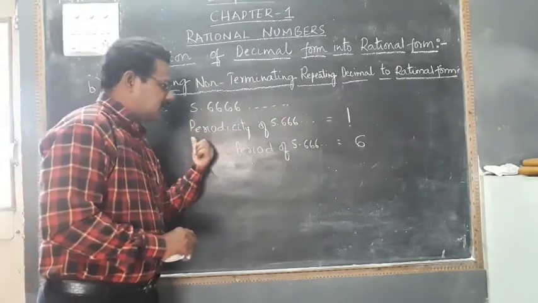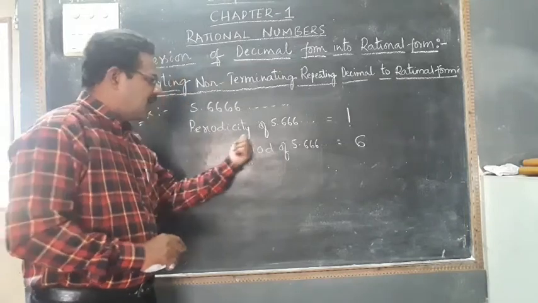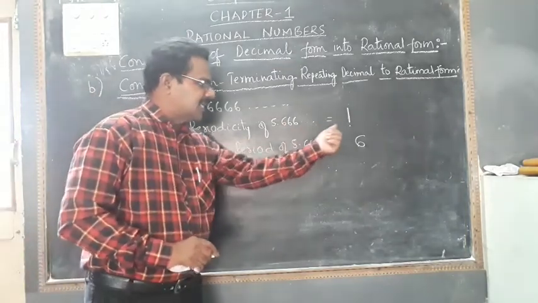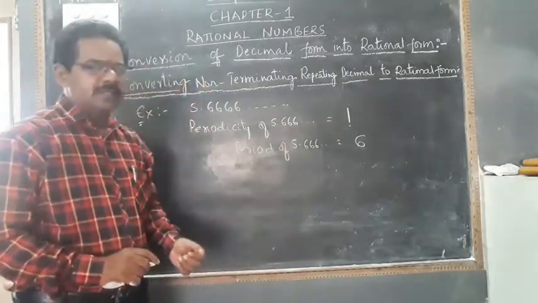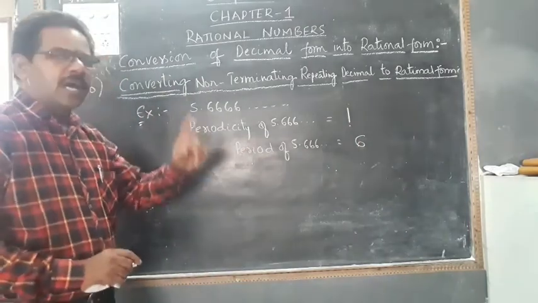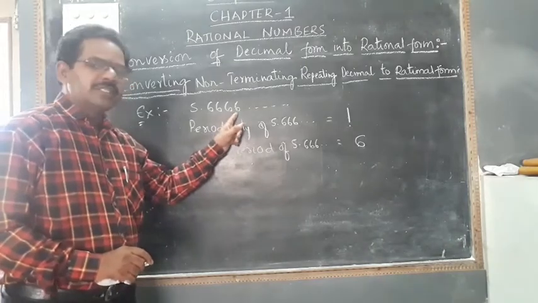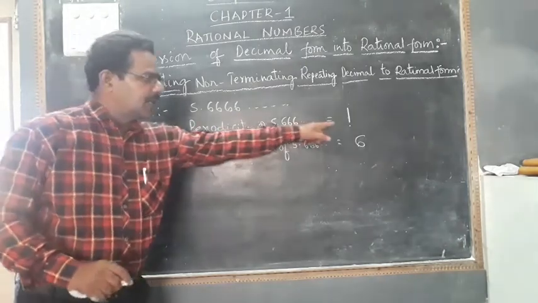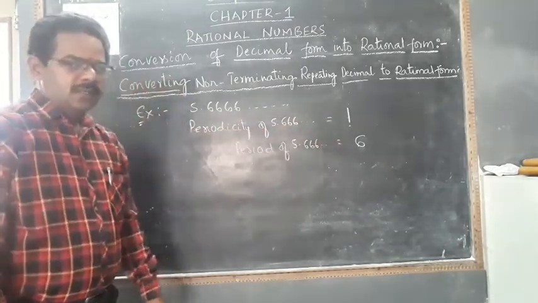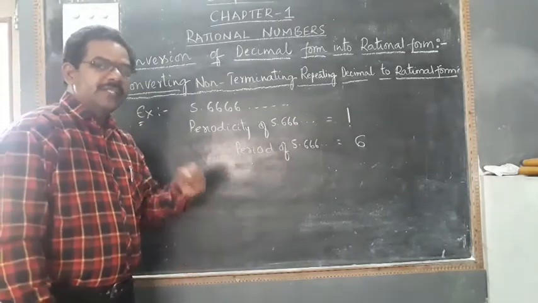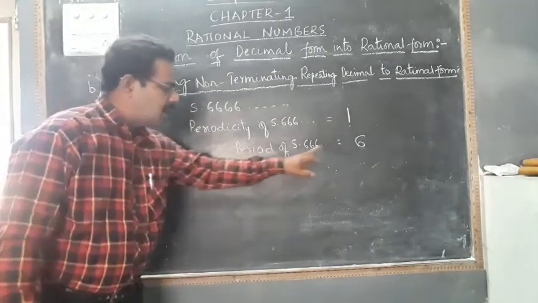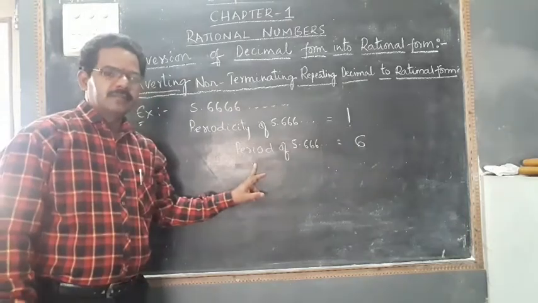Okay. So we know the periodicity of 5.666 is 1. Periodicity means how many digits are repeating. Here only one digit is repeating, that's why the periodicity is 1. Which number is repeating, that is called its period.